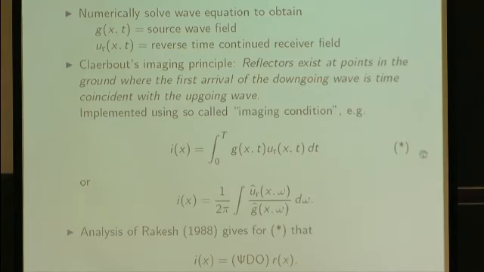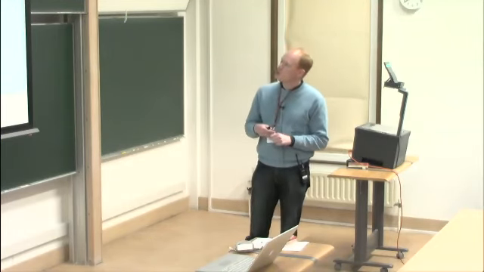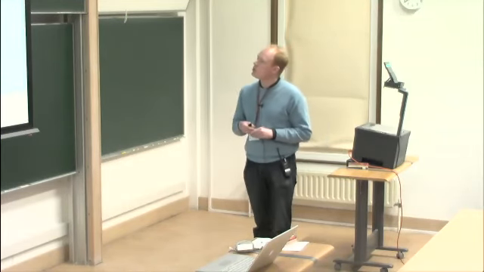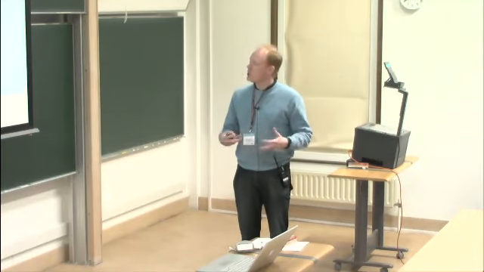This reverse time continued receiver field basically computes waves inside the medium by back propagating from the surface. So you construct the scattered wave field. You reconstruct it. It's not exact. You will see the differences, but it's a familiar principle that you back propagate waves.